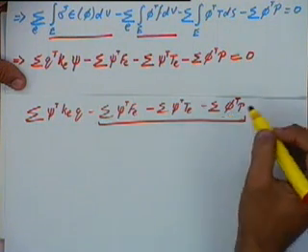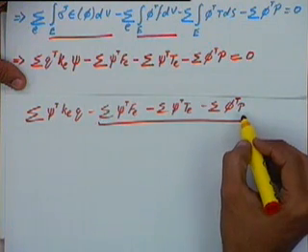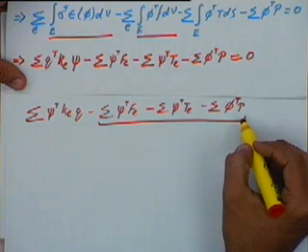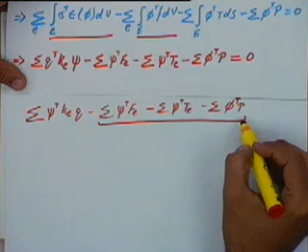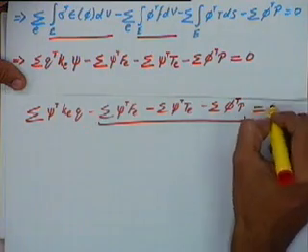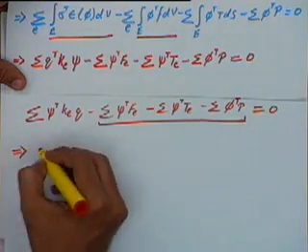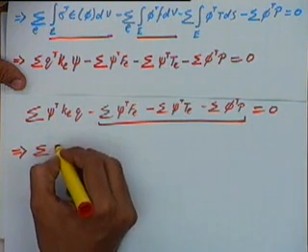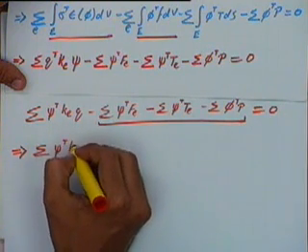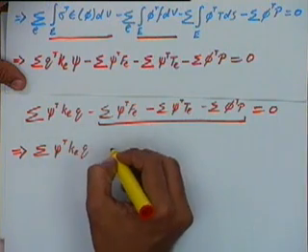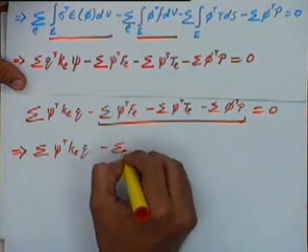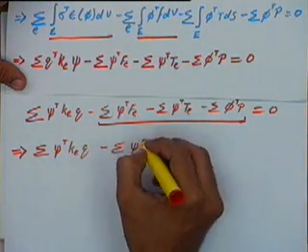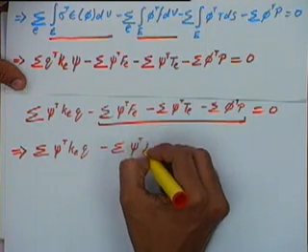So just as we did earlier, I can combine these three terms into one single force matrix. This is equal to 0. I can rewrite this as the summation of psi transpose Ke times Q minus the summation of psi transpose F.